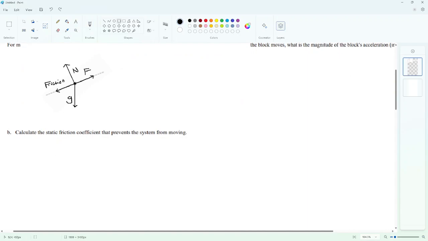So I'm going to go ahead and redraw this system, only because it helps me visualize it a little better when I can redraw it. So we have force normal, which I'll draw in this direction. Force of gravity, which goes straight down.